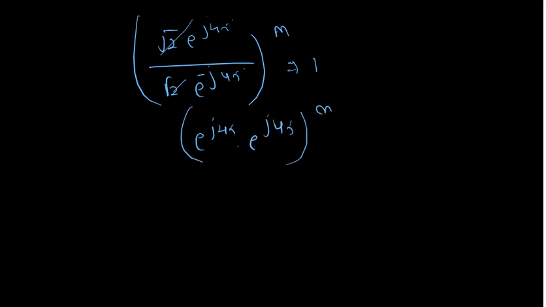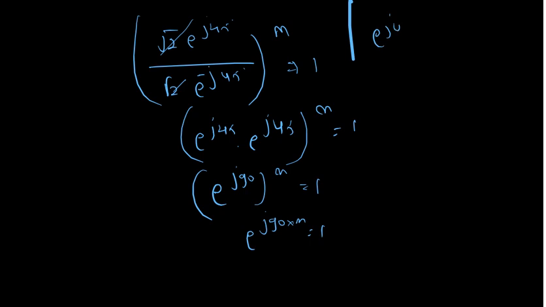So this you can write as e to the power j 90 to the power m, equal to 1, or e to the power j 90 m equal to 1. And you know e to the power j theta is nothing but cos theta plus j sin theta, correct?